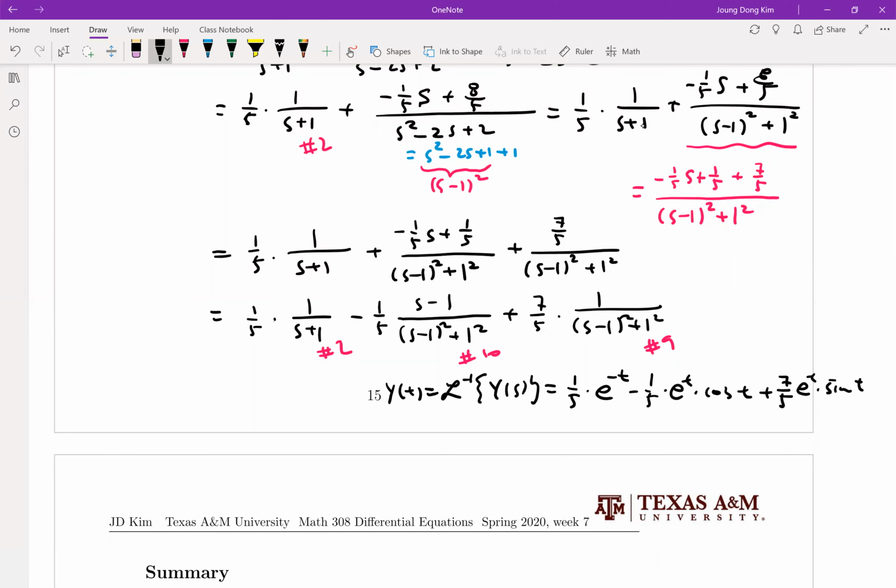That's it. It was a little bit complicated, right? But with the Laplace transform, we can do that.